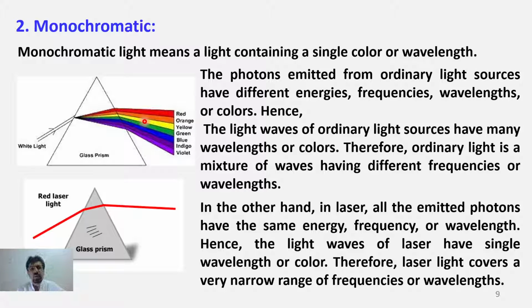But in case of the laser, on the other hand, all emitted photons have the same energy, frequency or wavelength. Hence, the light waves of the laser have a single wavelength or color. Therefore, the laser light covers a very narrow range of frequency or wavelength.